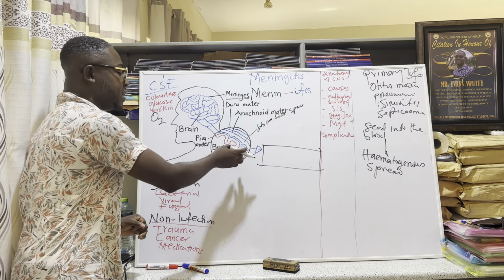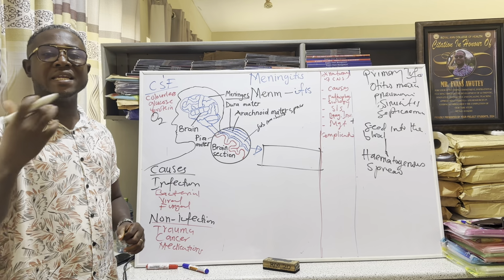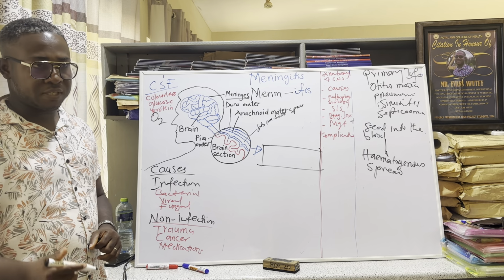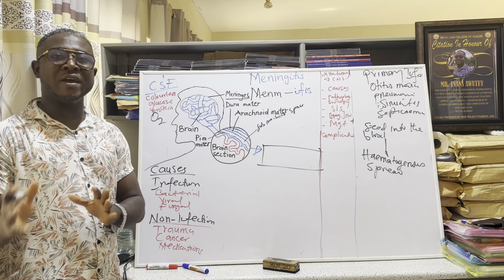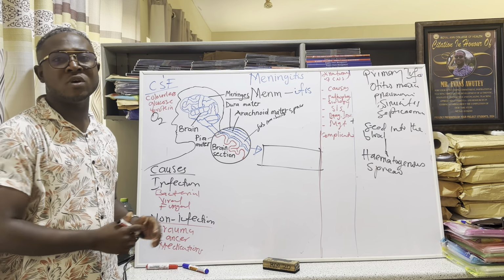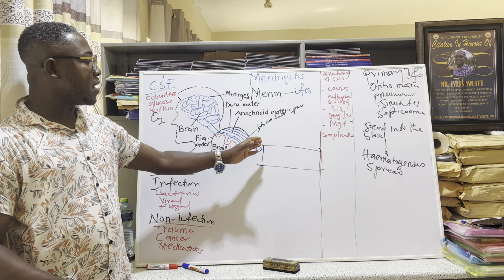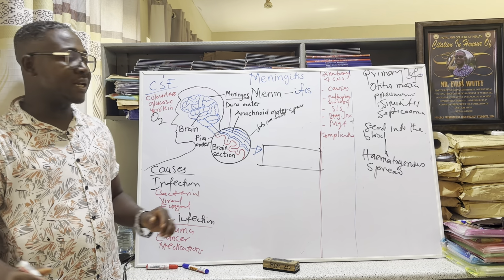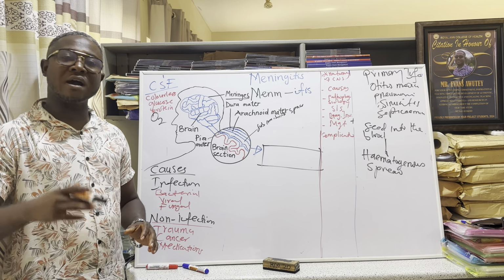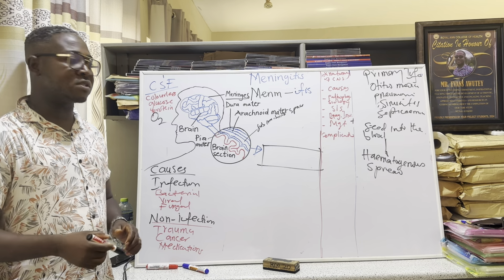So when the bacteria get into the subarachnoid space, then they elicit an inflammatory process. Now we all know that within the brain there are barriers that prevent organisms from entering into the brain, but the barrier that is found within the subarachnoid space is so fragile that any bacteria can break it and then enter into the subarachnoid space to cause infection.